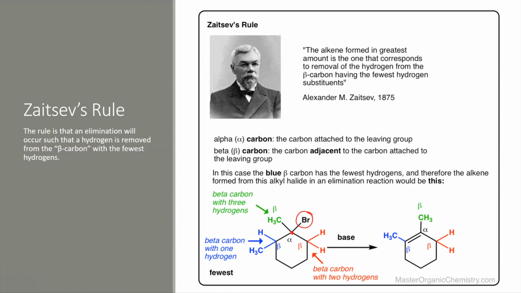Now, any adjacent carbon could host the hydrogen for removal and the formation of a double bond, and you're going to then pick the carbon that has the fewest hydrogens on it. So here, this carbon has 3 hydrogens, this carbon has 2 hydrogens, and this carbon has only 1 hydrogen. So the double bond would form here, removing this hydrogen.